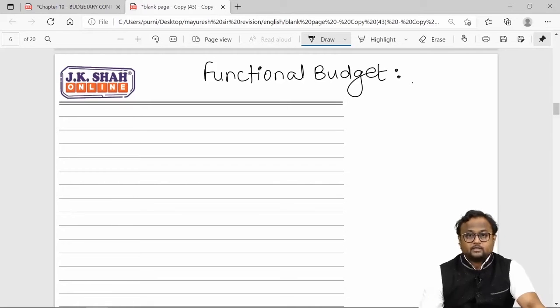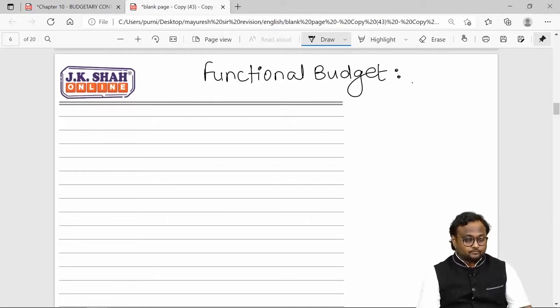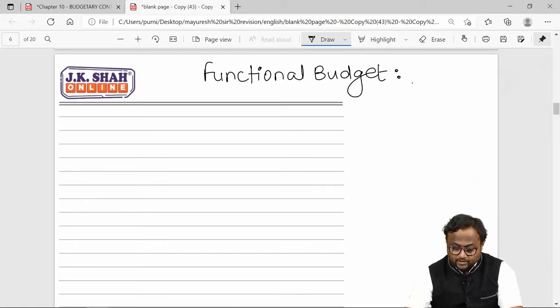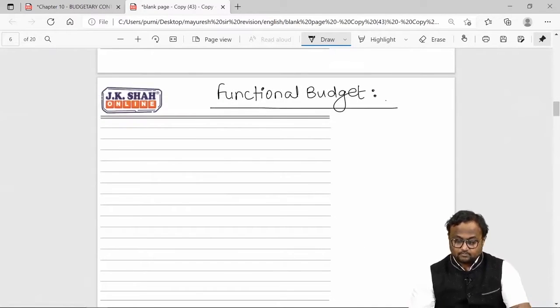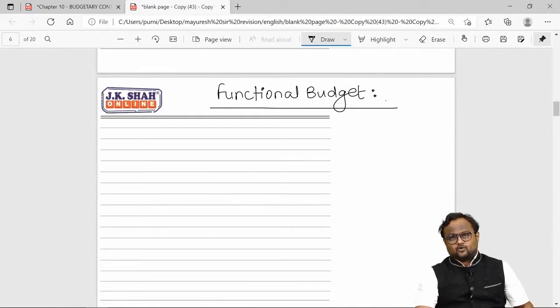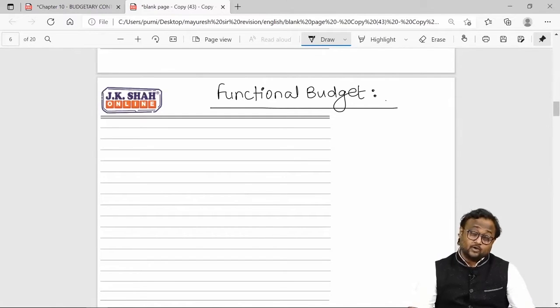First category we already discussed, fixed and flexible. Now we'll be going for functional budget. Now the general problem for students in this category is they don't realize how to start.